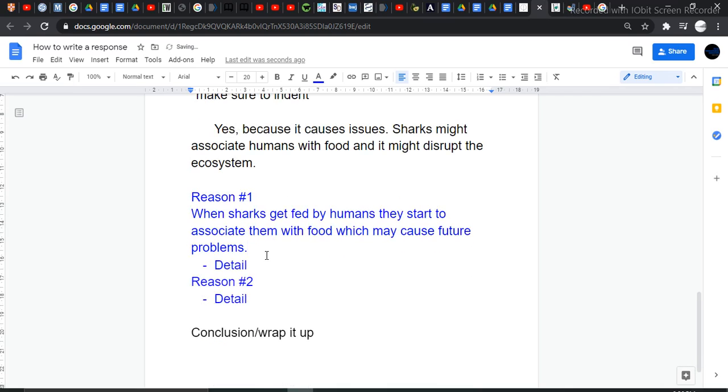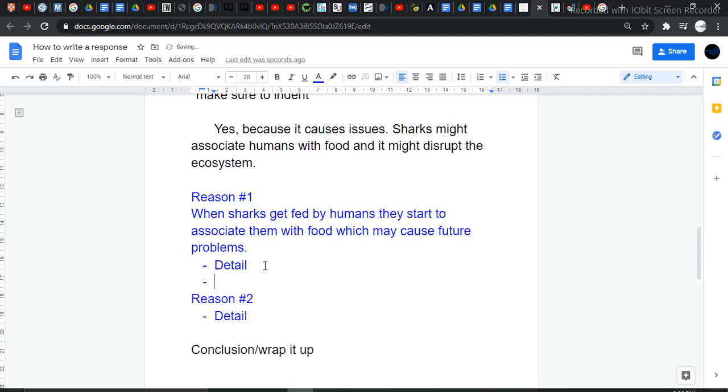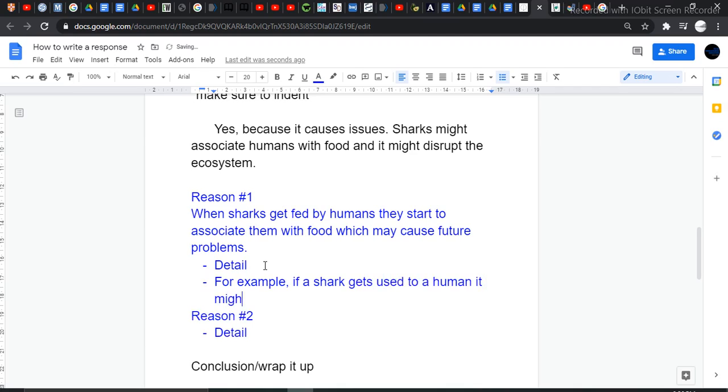And then when I give a detail, I do like to say, for example, if a shark gets used to a human, it might be prone to approaching again. I won't say be prone. I want to be really basic here. For example, if a shark gets used to a human, it might be less scared and approach other humans.